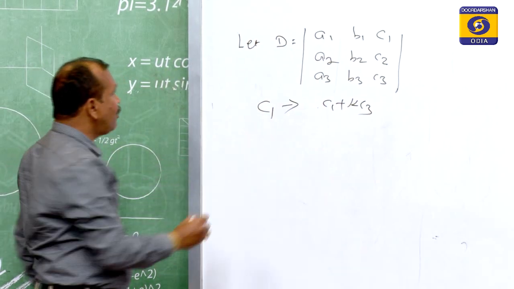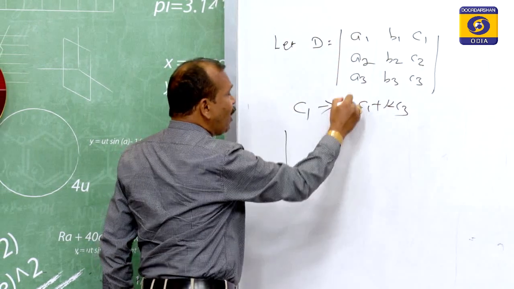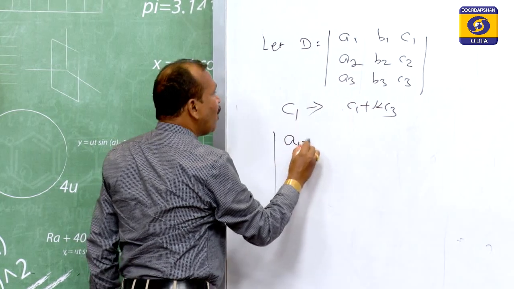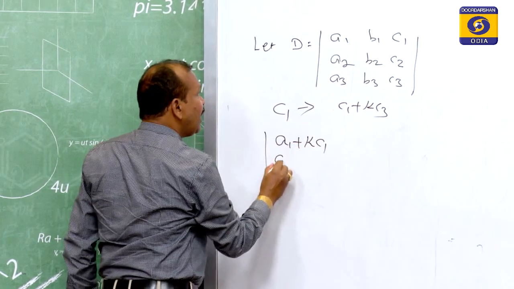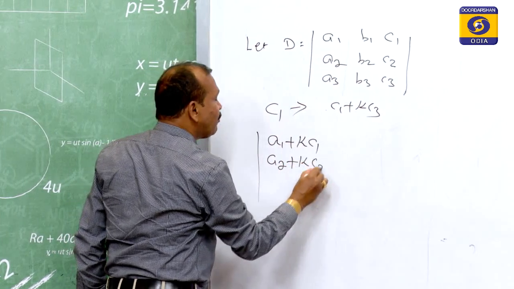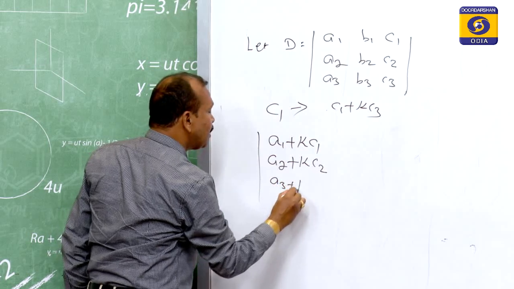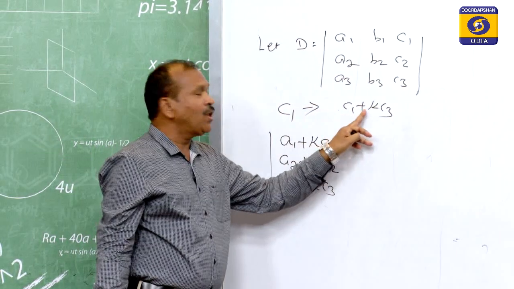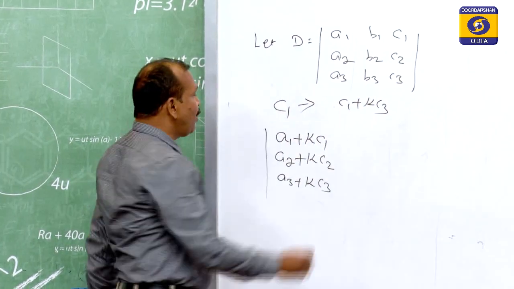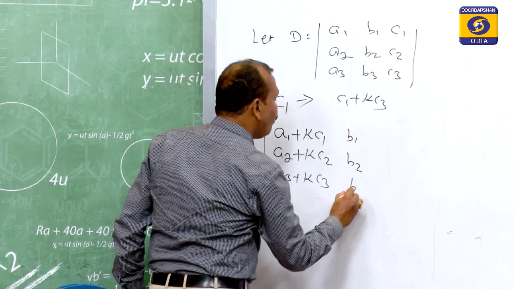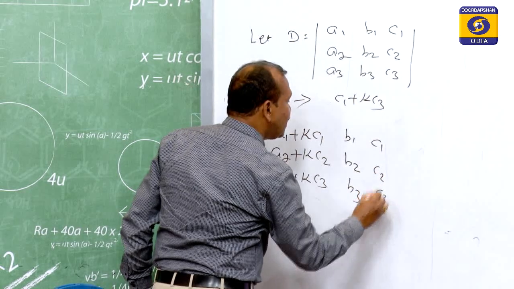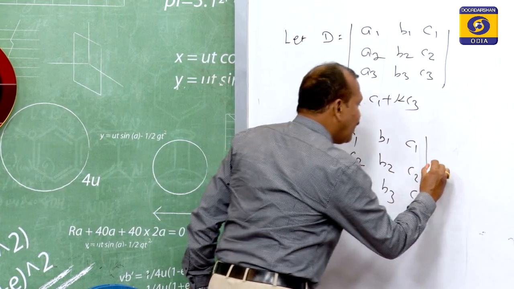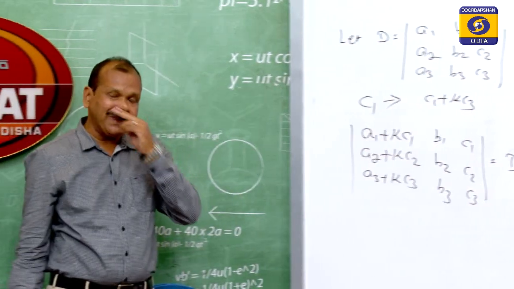That means the determinant becomes: A1 plus k times C1, A2 plus k times C2, A3 plus k times C3, and B1, B2, B3, C1, C2, C3 remain unchanged. This determinant value becomes D.